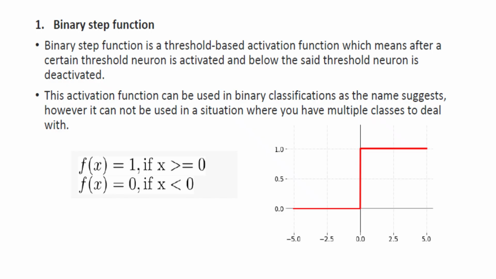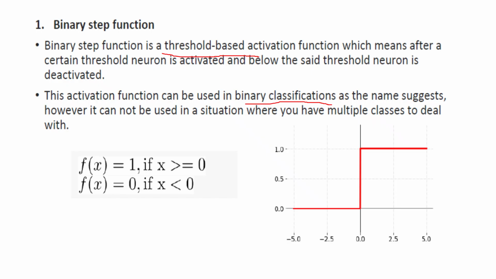The first type of activation function is known as the binary step function. These activation functions are mainly used in binary classification, which is why it is known as the binary step function. It is a threshold-based activation. Suppose the value of the weighted sum is greater than or equal to some threshold, say greater than or equal to 0, then the output will be 1. If it is less than 0, that is, if it is a negative value, then the output predicted will be 0.